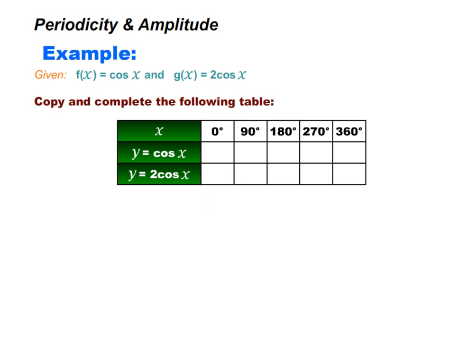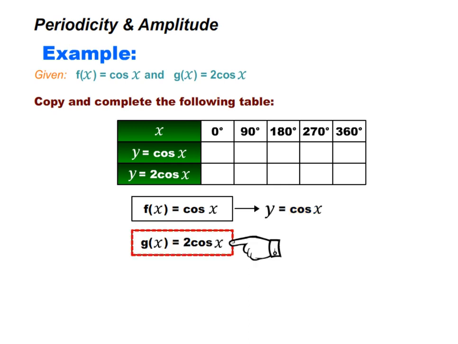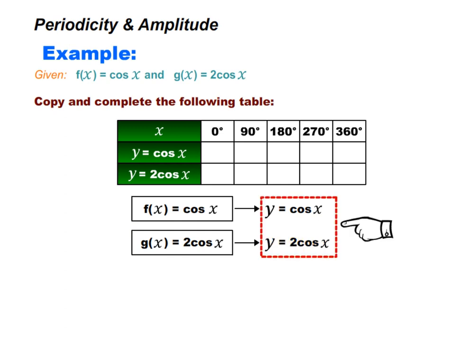Remember that f of x and g of x mean y. So, we can write f of x is equal to cos x as y is equal to cos x. And we can write g of x is equal to 2 cos x as y is equal to 2 cos x. Look at the equations.